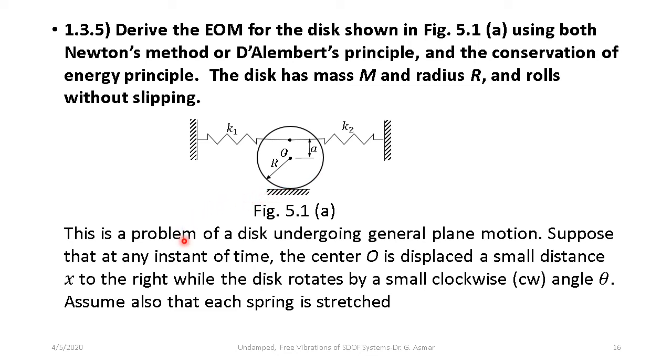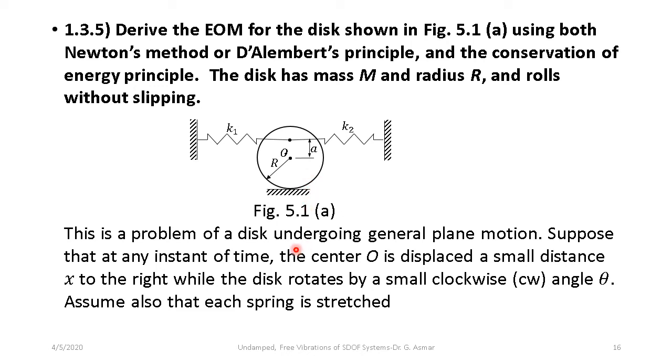This is a problem of a disk undergoing general plane motion, because when I disturb the equilibrium, the center of mass of the disk moves horizontally, oscillates about the initial static equilibrium position, and at the same time the disk will rotate clockwise and counterclockwise. So therefore I have translation plus rotation.